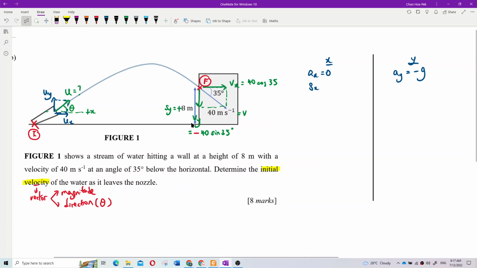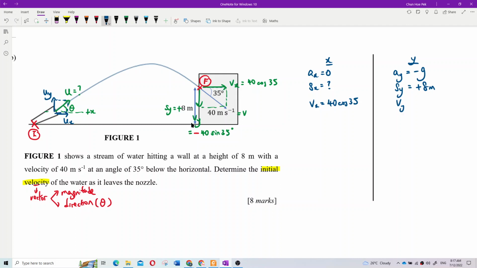We also have Vx, which is 40 cos 35, and Vy is negative 40 sine 35. What else do we have?